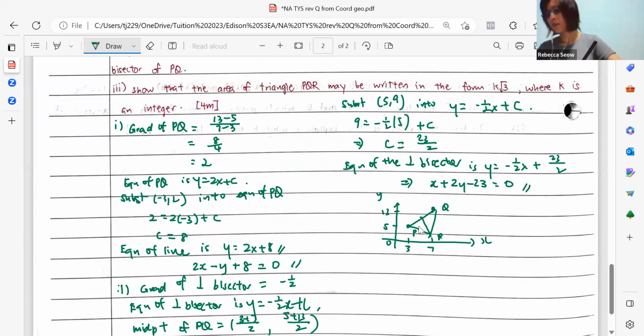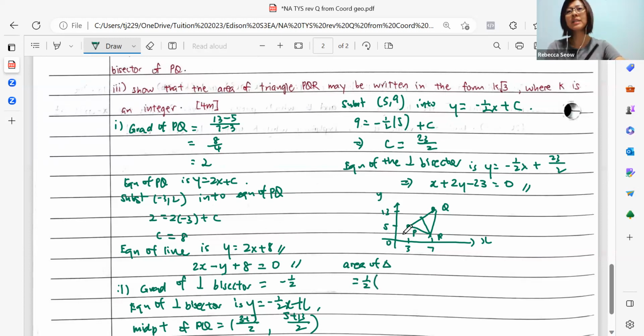All right. So if they ask you to find the area of the triangle, that means we have to consider half times base times height to find the area of the triangle. So area of triangle equals to half times base. Okay, what's the base?